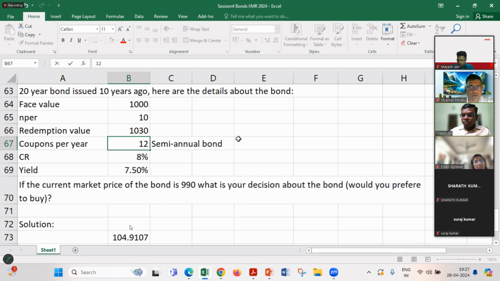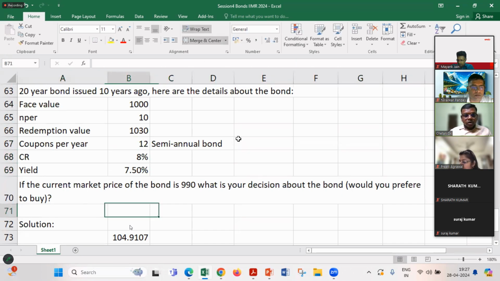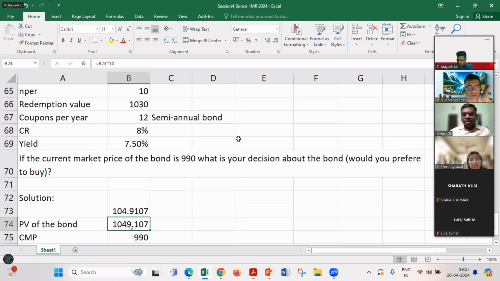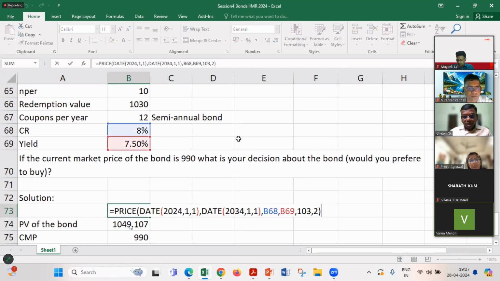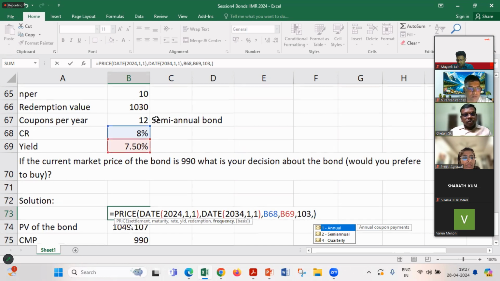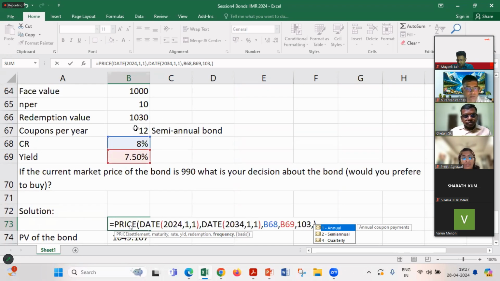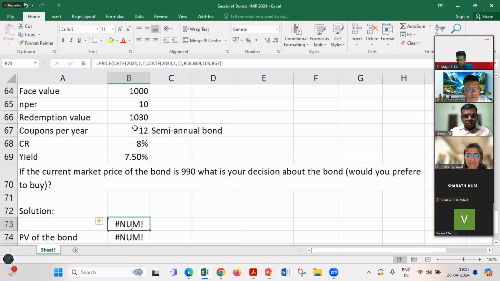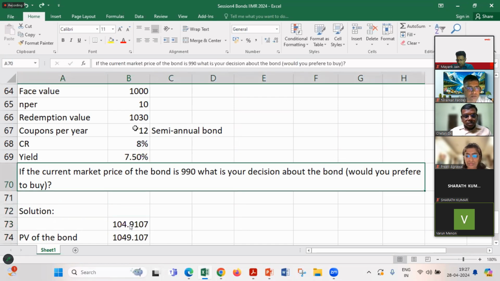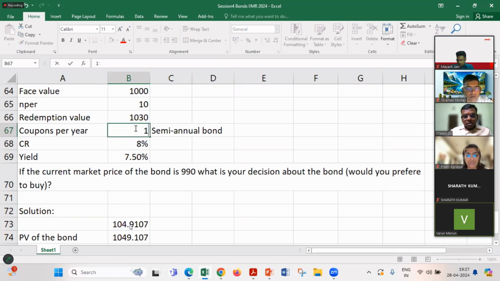Automatically you'll get a different answer. The price function gives the price of the bond per unit, that is the value of the bond it is going to give you. So we need to multiply by NPER to get the PV of the bond.